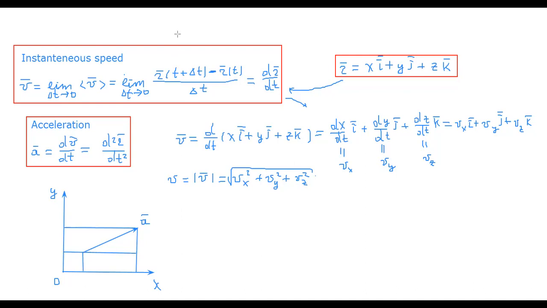I'll make them dashed. And so we have the vector components. Vector components are equal to these distances.